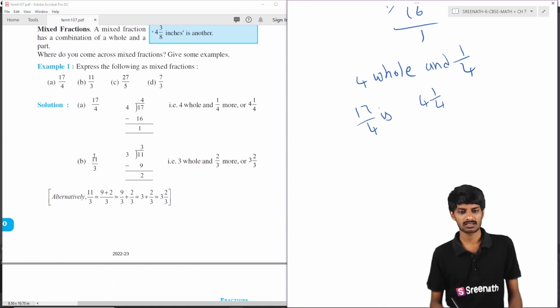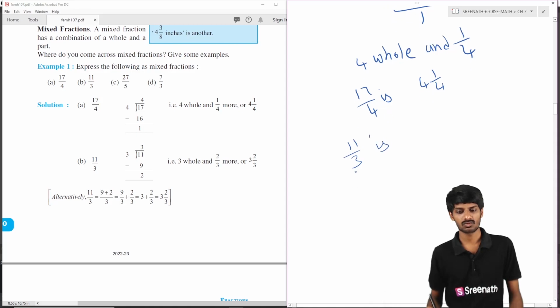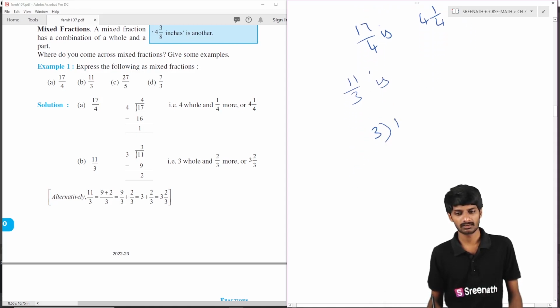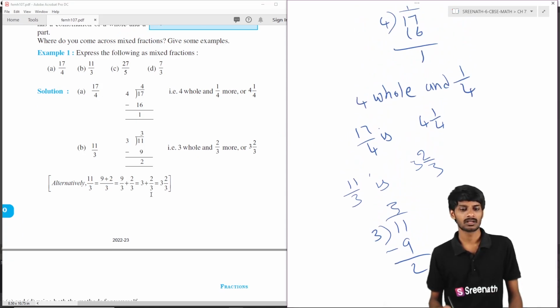Similarly, if you do the task for 11/3 also, 11/3 is the same as what? Again you have to divide. How many times? 3 3s are 9. You will get remainder 2. So it is 3 2/3, students.